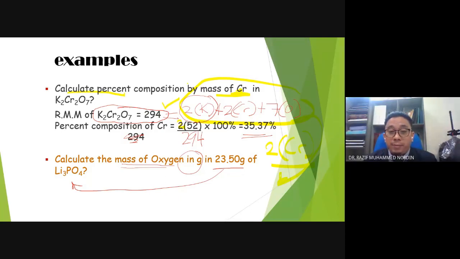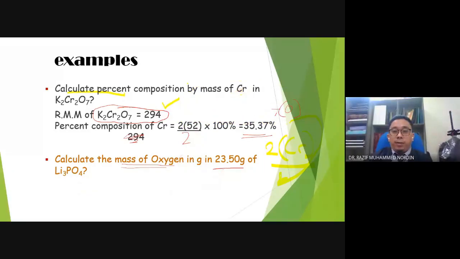Kalau let's say dia minat pada calculate the percentage composition by mass of oxygen in potassium chromate, berapa dapat? Kita cuba. Cubalah. Saya pun, ini impromptu discussion.